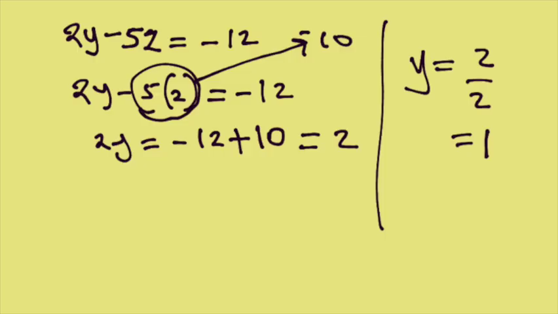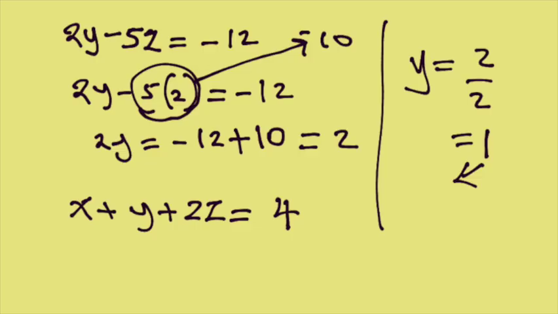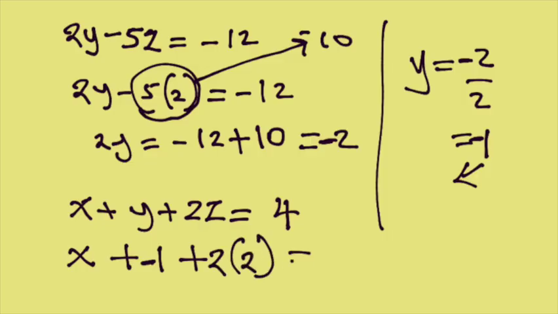So what about x? Let's use the first equation: x plus y plus 2z is equal to 4. Substitute the values of y and z into that equation. So we have x plus y plus 2 times 2, which is equal to 4.